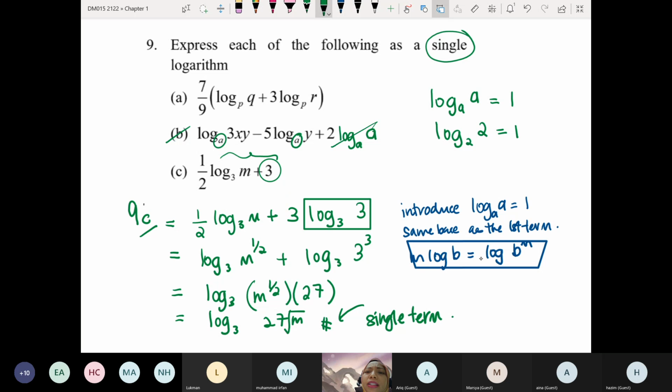So you are not changing the question that was given earlier. After you make everything the same, you use the properties: 3xy, this must be brought up first, over 5y times A to the power of 2. Okay, you do 9B yourself and then let me know what the answer is. Okay? Clear, everyone?